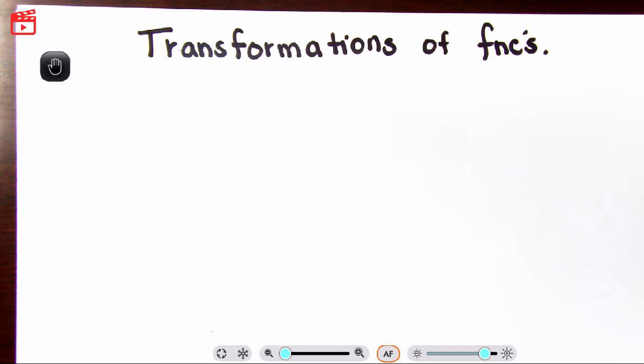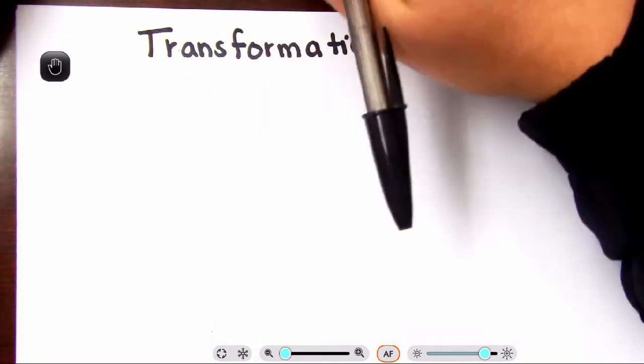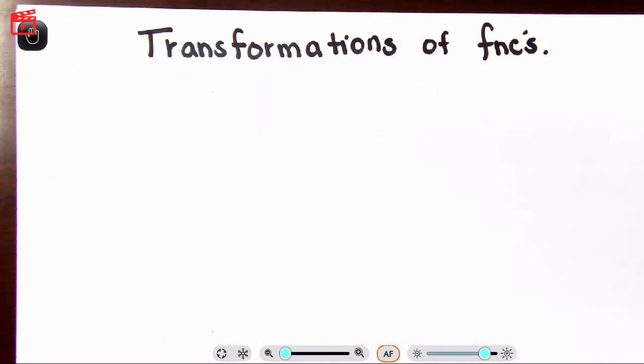So what we're doing with these functions is graphing them with respect to what transformation has occurred. Before we do that, we're going to have to know if it's a cubic function, a quadratic function, or a square root function, and how these things look. So make sure you have an idea of what each parent function looks like.